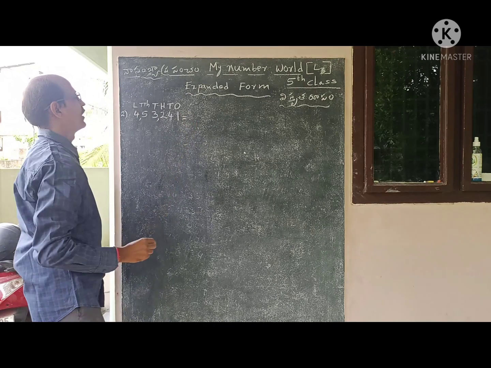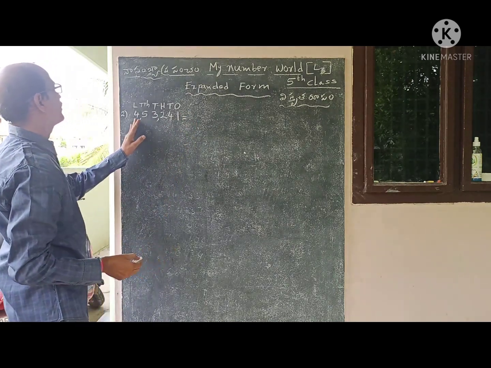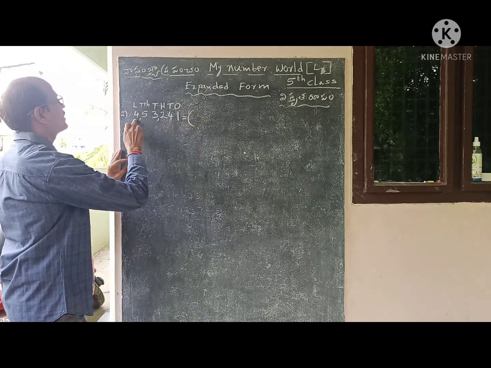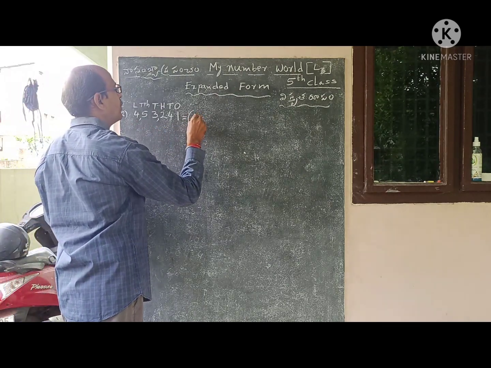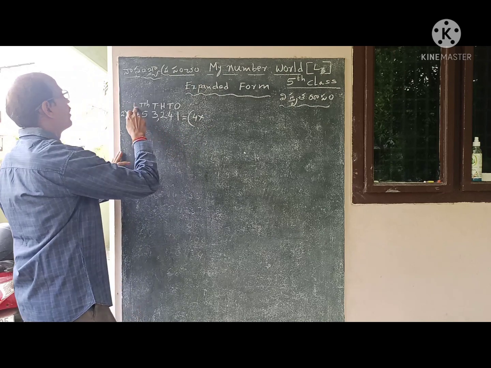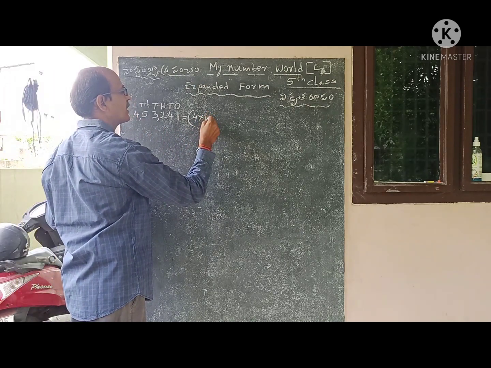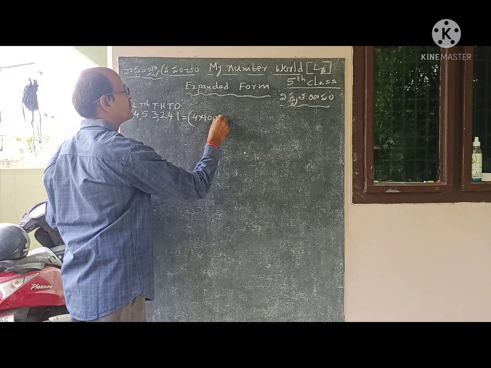Now we have to start with lakhs. In the lakhs place, what is this number? 4. 4 into 1 lakh. How many zeros are there in 1 lakh? 5.